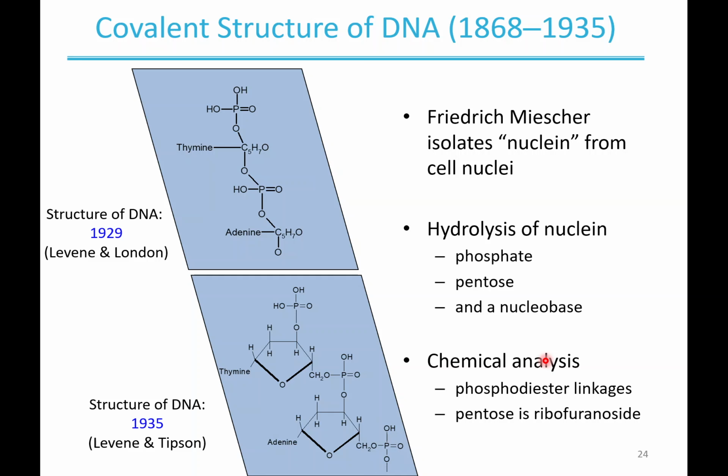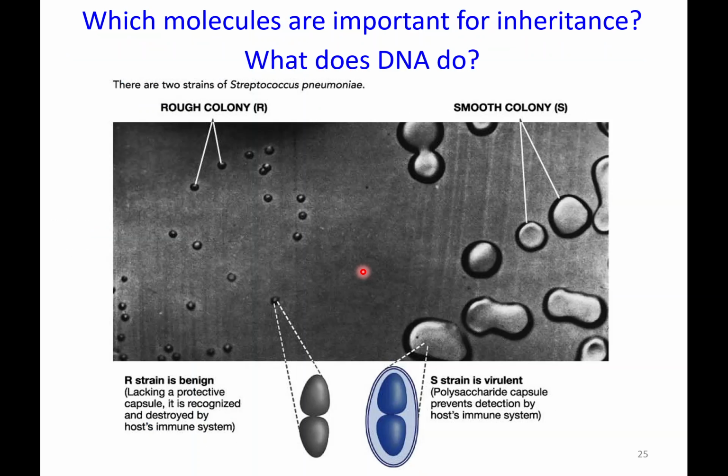So 1935 was when the chemical structure of DNA was really solved or determined. I guess determined is kind of a bad term, but what we would consider the correct chemical bonding in DNA was published.